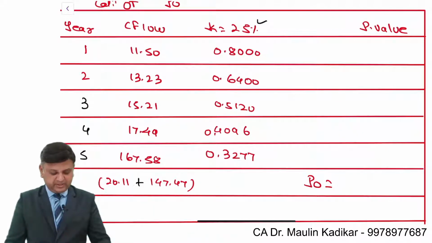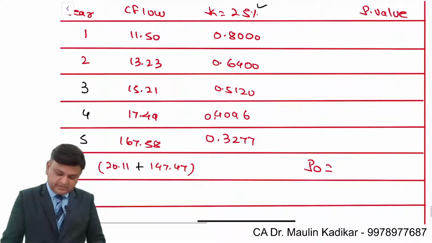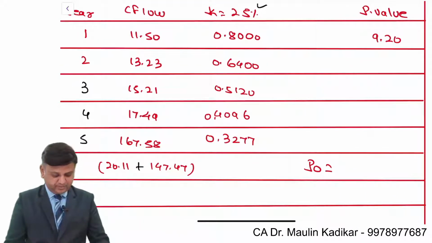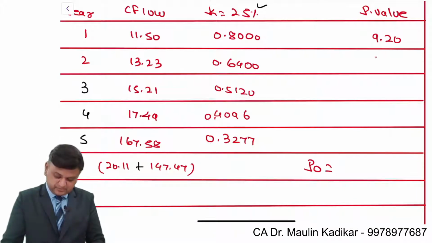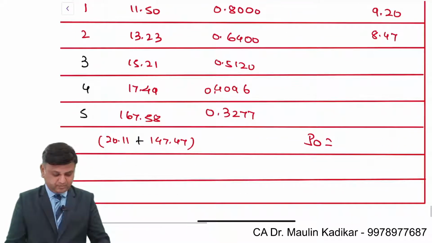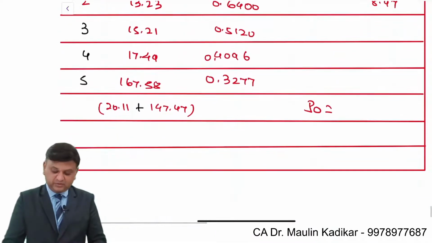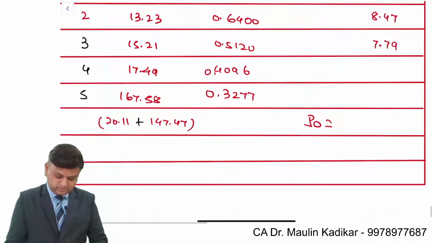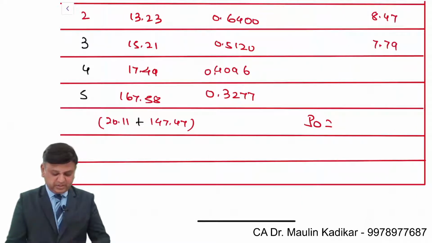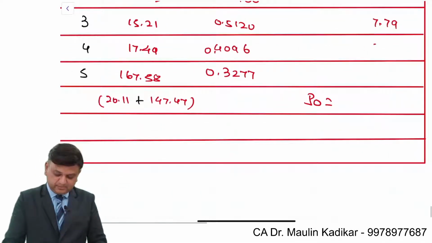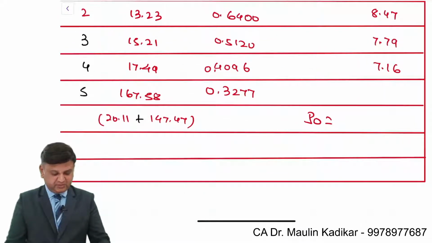So 11.5 into 0.8, that is 9 rupee 20 paise. 13.23 into 0.64, 8.47. 15.21 into 0.512, that comes to 7 rupees 79 paise. 17.49 into 0.4096, so 7 rupees 16 paise. 167.58 into 0.3277, so 54.92.